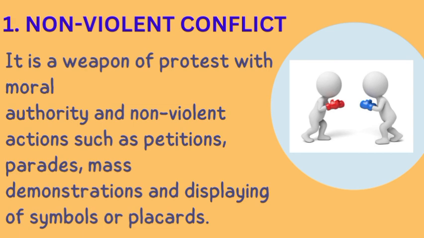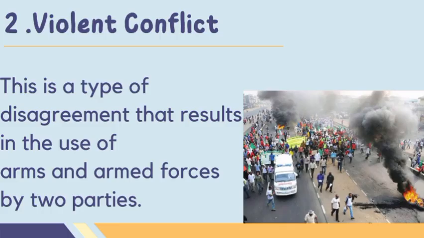Now we are going to the second type of conflict, and that is violent conflict. This is a type of disagreement that results in the use of arms and armed forces by two parties. From the word itself, violent conflict, you are going to agree with me that it's talking about fighting, or the type of conflict that has to do with the use of force, harm or weapons between two parties.